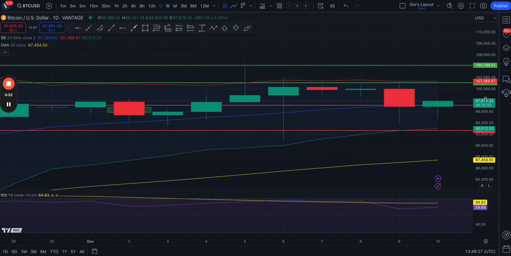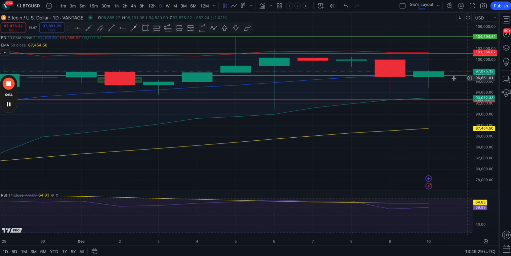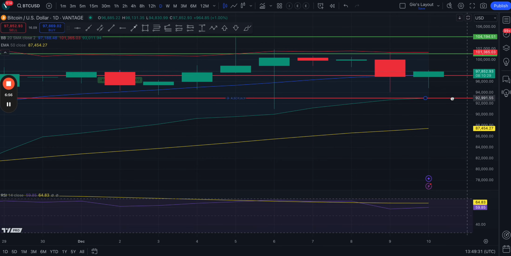Then we have the market trending lower as far as Bitcoin goes. Look at yesterday, that fluctuation, it picked its head above 100,000 again and then quickly retreated and closed below it.